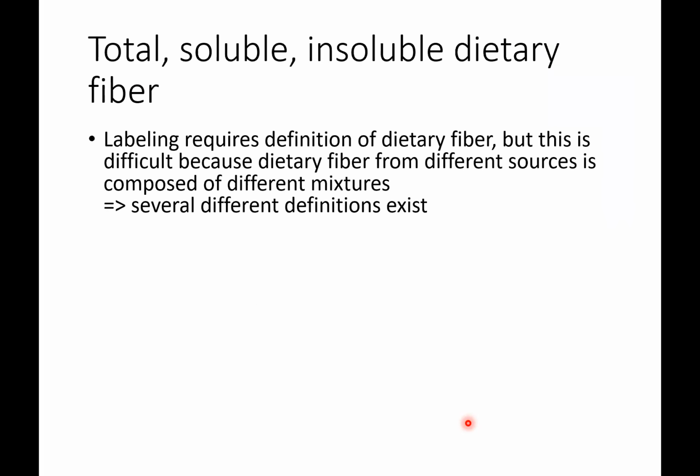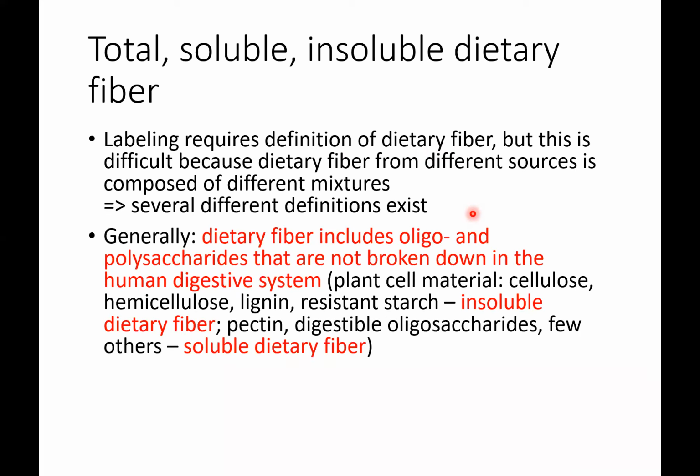First of all, total soluble and insoluble dietary fiber. The labeling on the food product requires a definition of the dietary fiber. However, there are different definitions depending on the standard institution and on the country. Generally, this is the generally agreed upon definition.